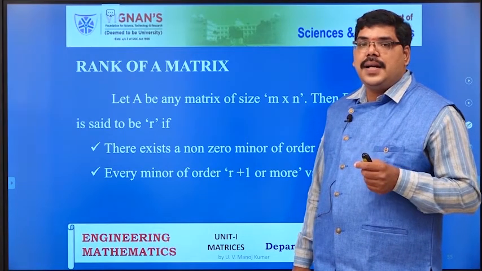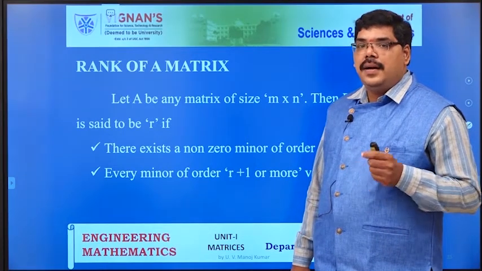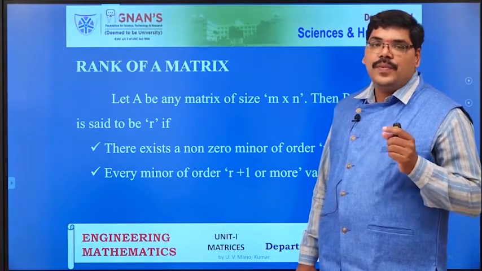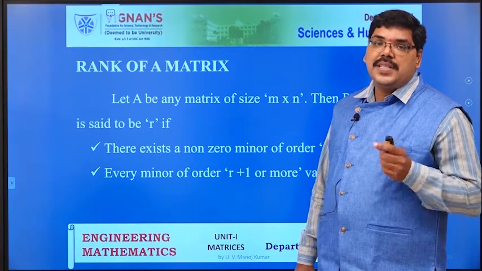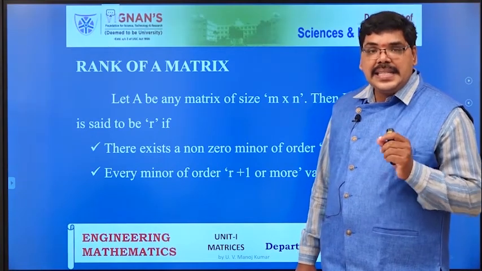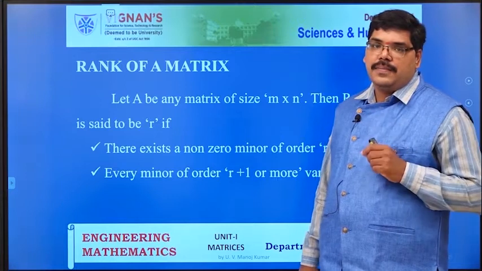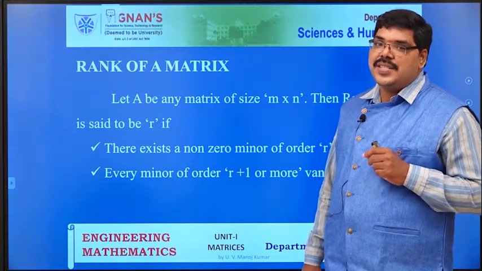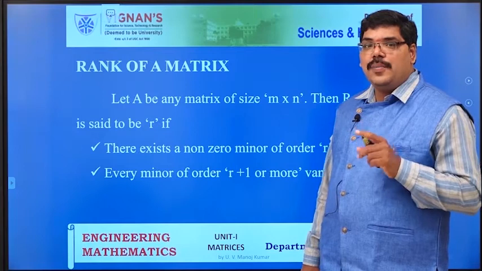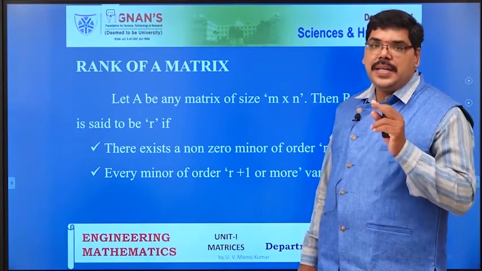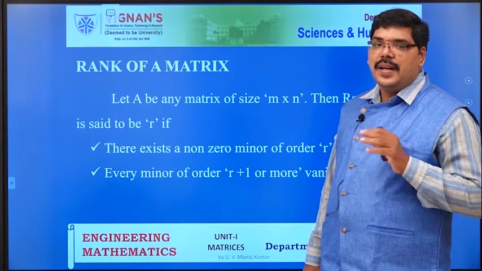Rank of a matrix is small r if there are two conditions. First condition is there exists at least one non-zero minor of order r. Second condition is every minor of order more than or equal to r plus 1 should be 0. Come again.